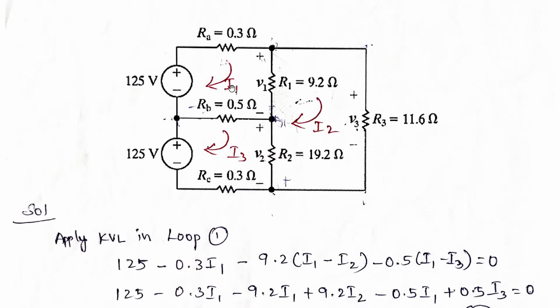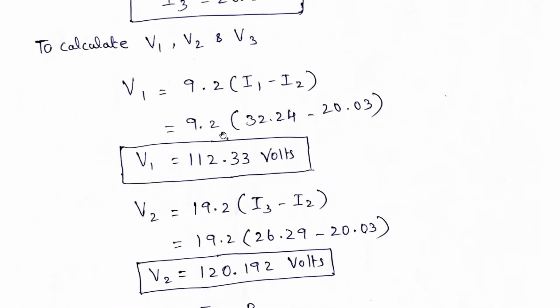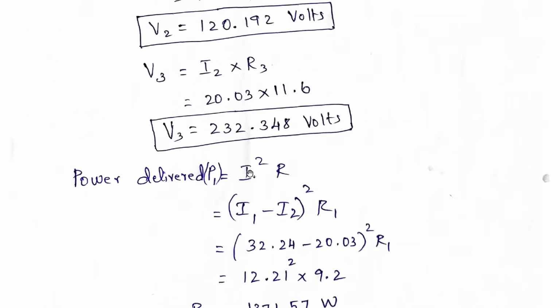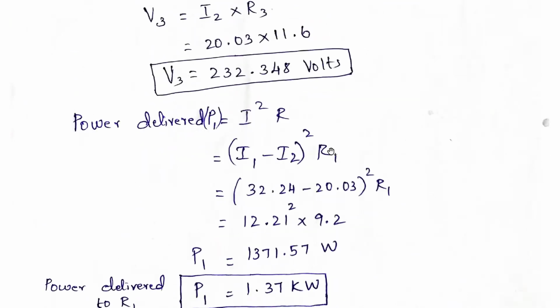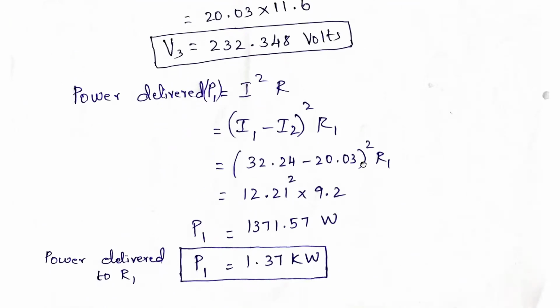So the power delivered to this R1 is I1 minus I2, the whole square, into R1, which is 9.2. I1 and I2 we already calculated. Just substitute, square it and simplify it. You will get the answer as P1 equal to 1371.57 watts.